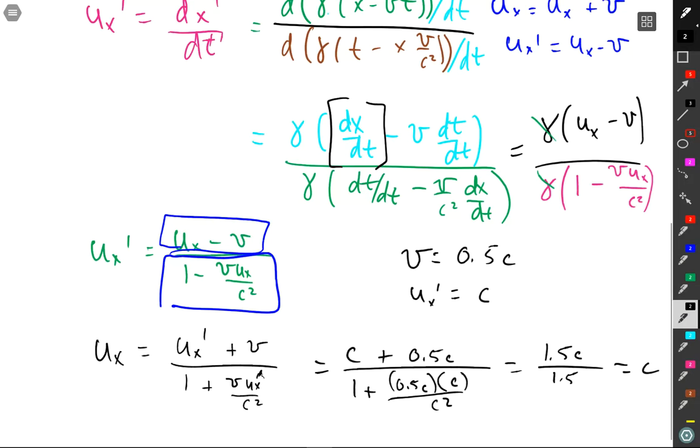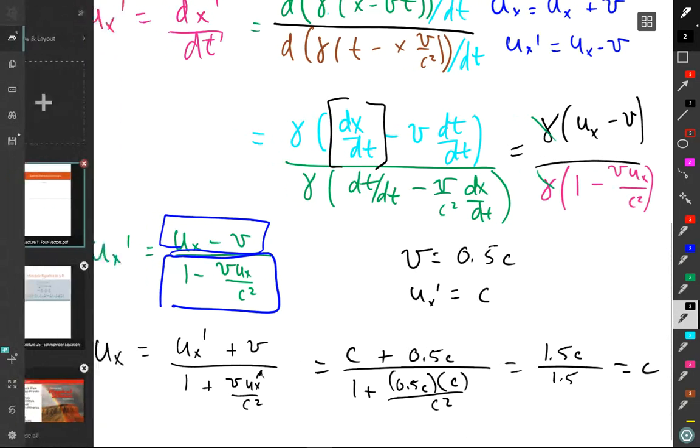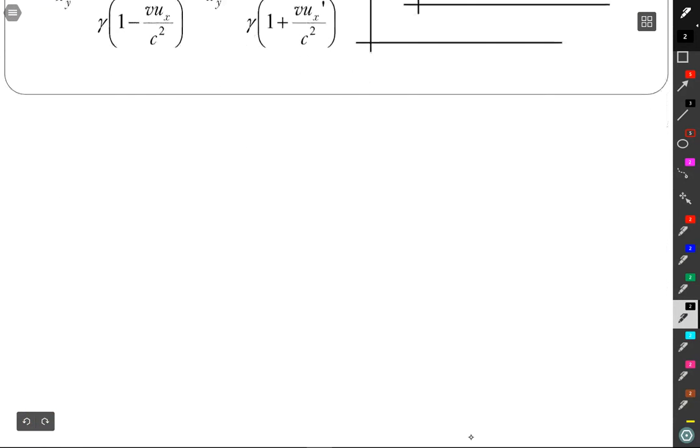Now what if we did something that wasn't going the speed of light? Let's say the Millennium Falcon is traveling. I'm just going to put it at the bottom of this page.